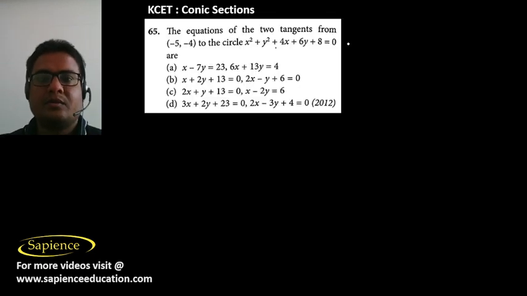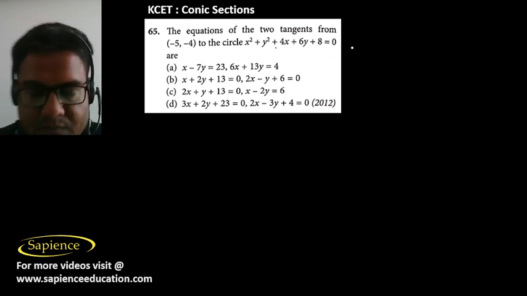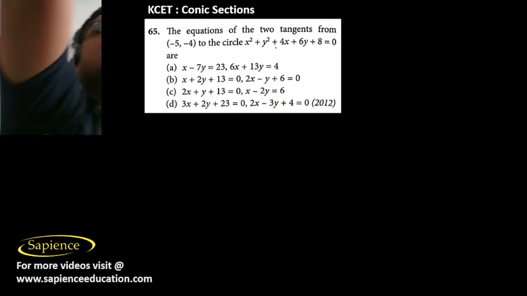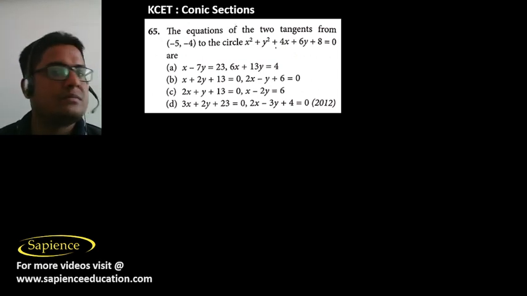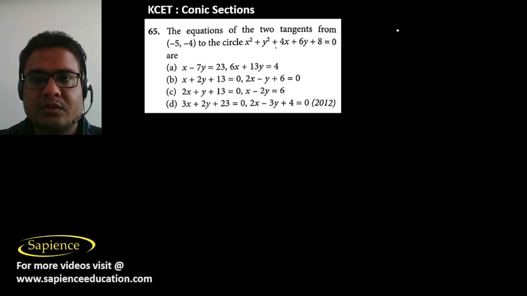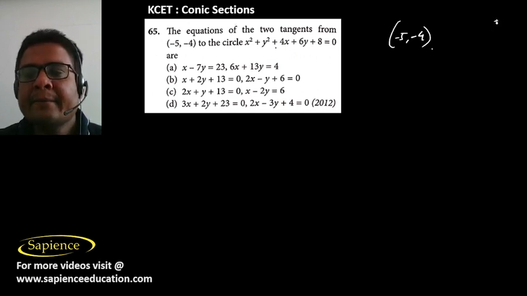Then, the equations of the two tangents from (-5, -4) to the circle are to be found.